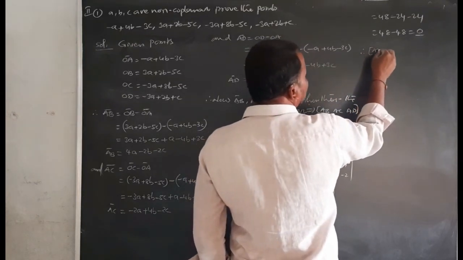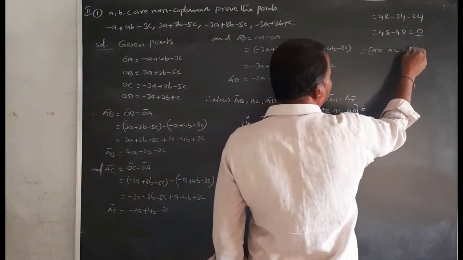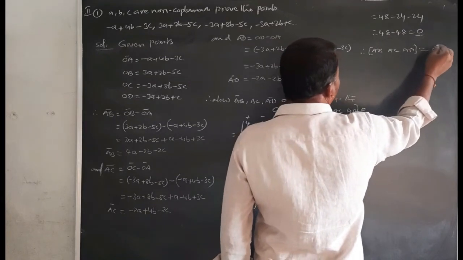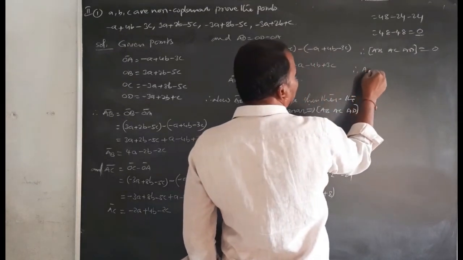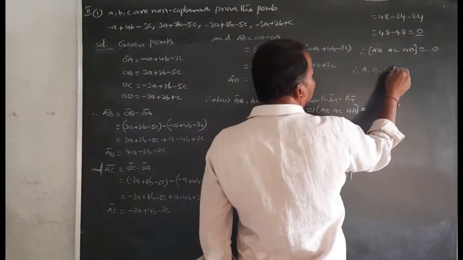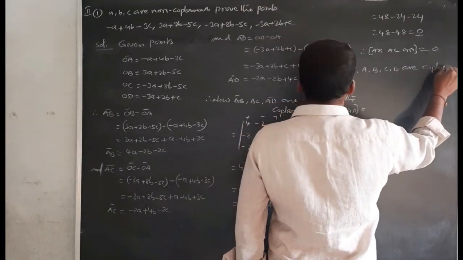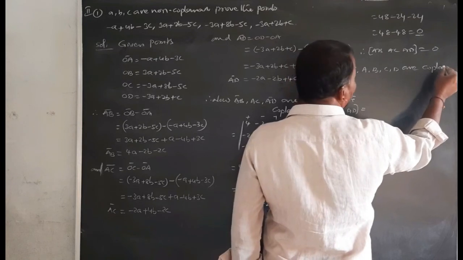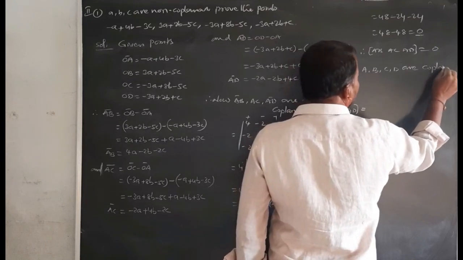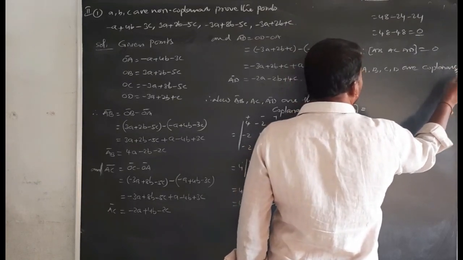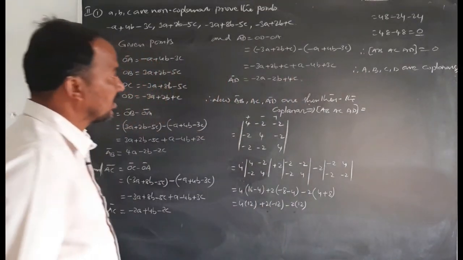Therefore the box product of AB, AC, AD equals 0. Therefore A, B, C, D are coplanar. Collinear points are coplanar. Coplanar points, most important 4 marks problem.